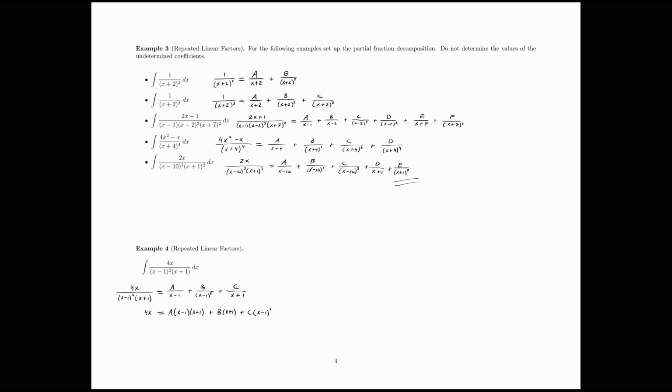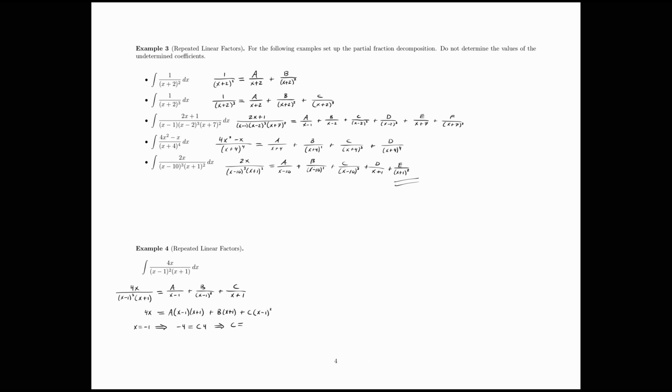All right, so now let's go ahead and plug in some clever values. Let's do x equals negative 1. So if we do x equals negative 1, this term cancels, this term cancels, and we're left with the c term. So this will be negative 4 on the left equals c times negative 2 quantity squared, which is 4.